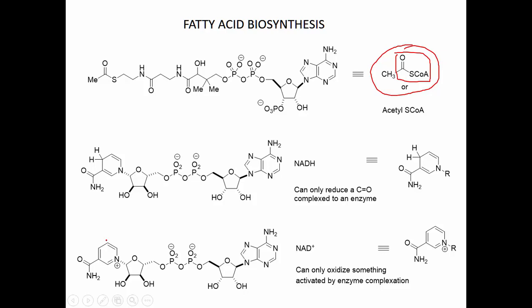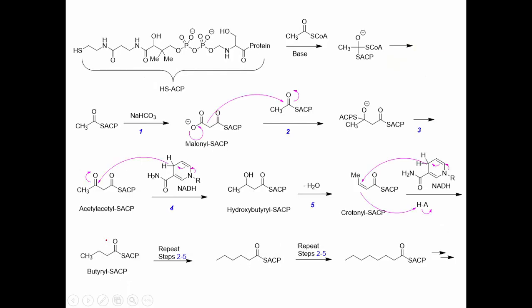complexation. It's not nearly as good, or not as universal an oxidant as chromium 6 species or nitric acid or something like that. All right, so we're going to swap initially the SCoA for this molecule here, and what you'll notice is that for the most part, SCoA and this are the same all the way to this point here.